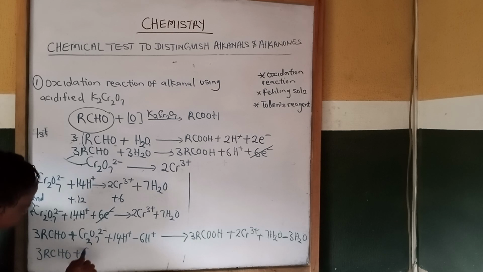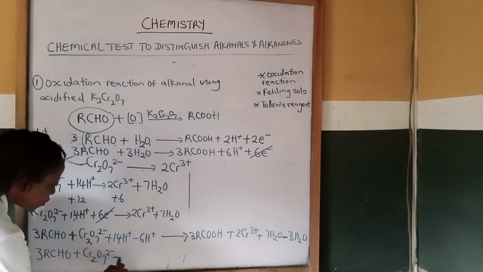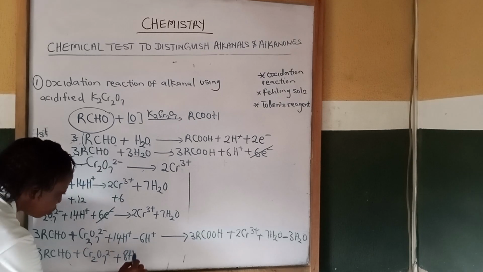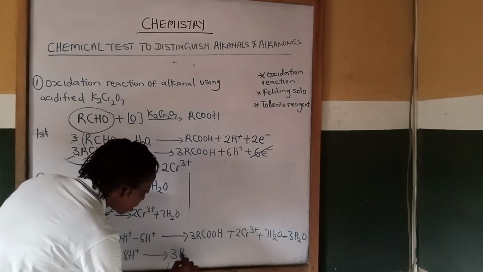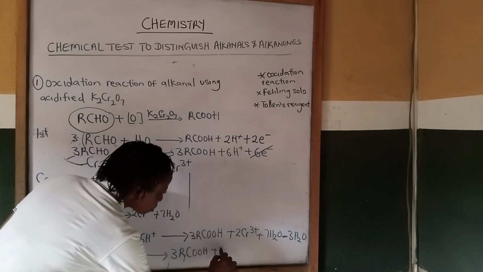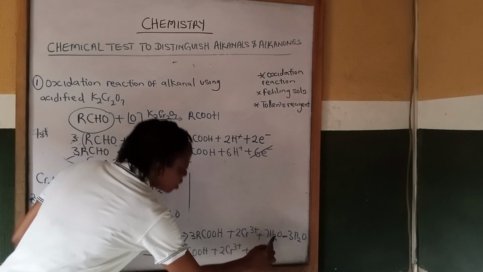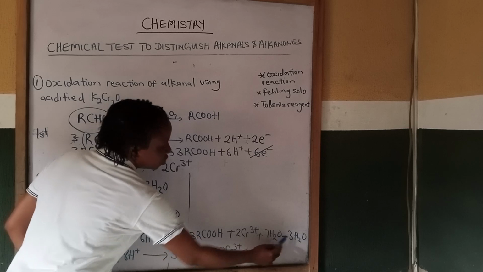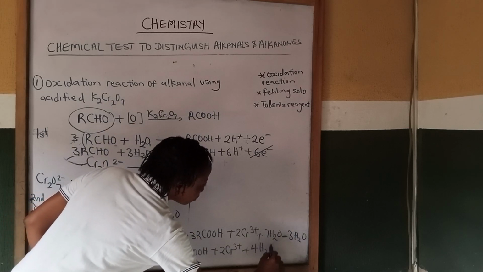3RCHO plus Cr2O7 2-, 14 minus 6 will give us 8H+, then equal to 3RCOOH plus 2Cr3+, 7 molecules of water minus 3 molecules of water will give us 4 molecules of water.